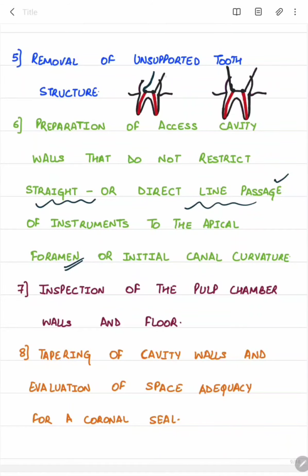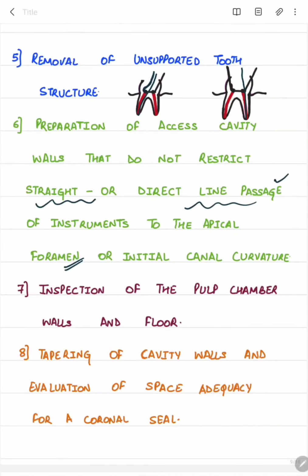If we have not prepared the access cavity walls properly, then the straight line access would not be achieved, right? Like this. The next point is to inspect the floor of the pulp chamber and the walls of the pulp chamber, right? This is done via magnification through surgical loupes and endodontic endoscopes, etc.